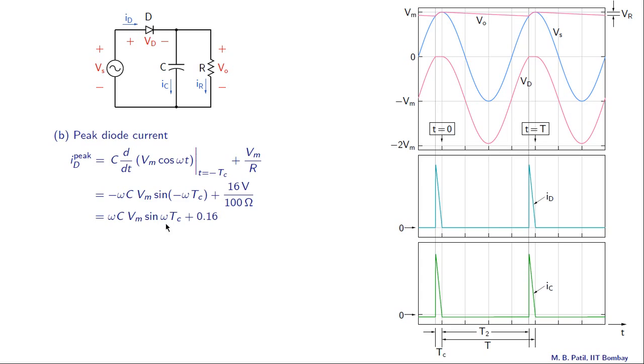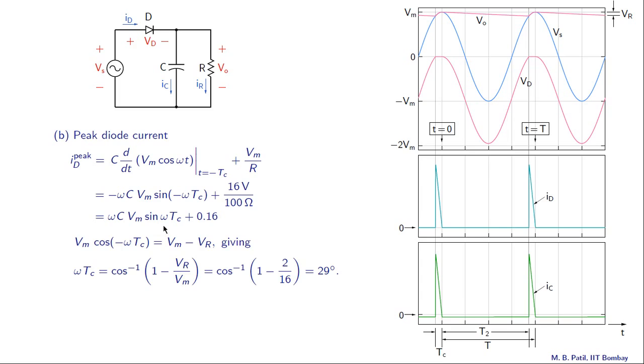Now in this expression, we know everything, omega, C, Vm, except Tc. So Tc is something that we need to figure out, and let us see how that can be done approximately, and that is from this equation. So what can we say about the value of VO at this point, t equal to minus Tc? That is nothing but Vm minus Vr, because the difference between these two is Vr.